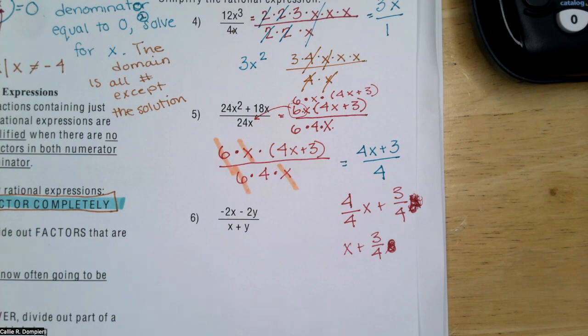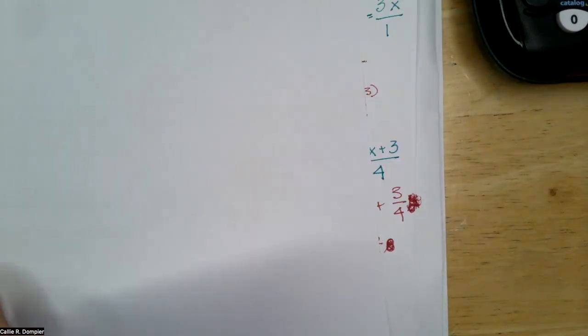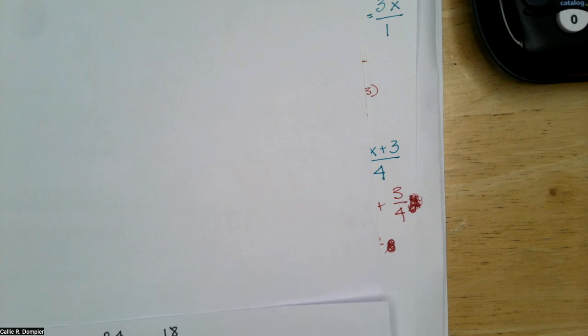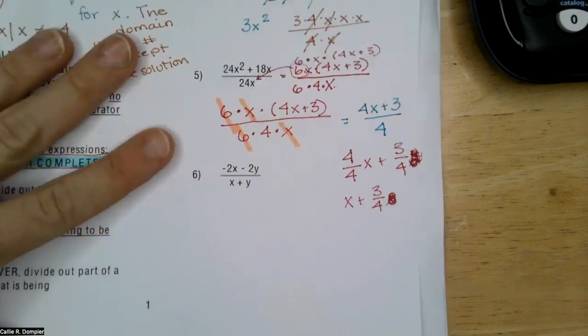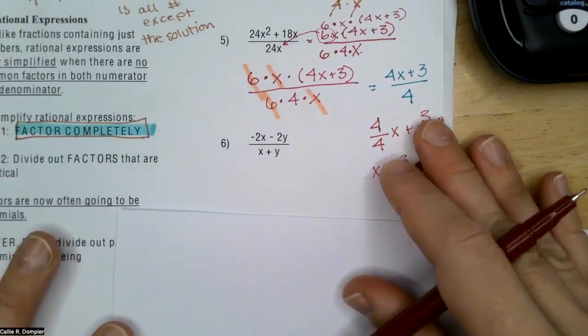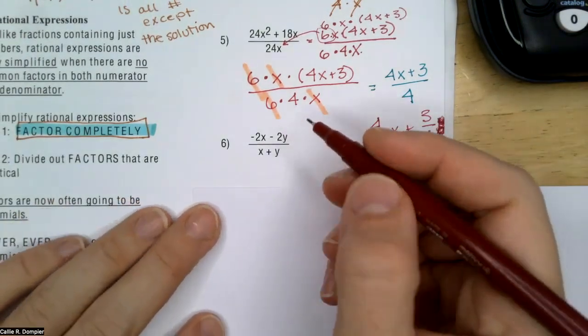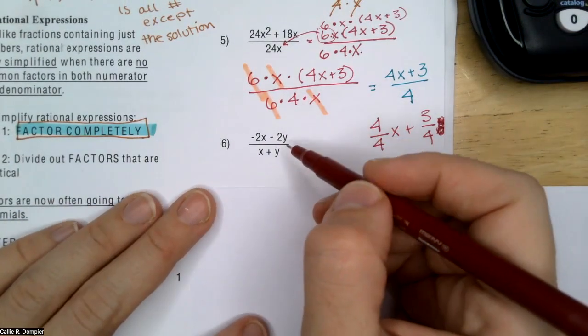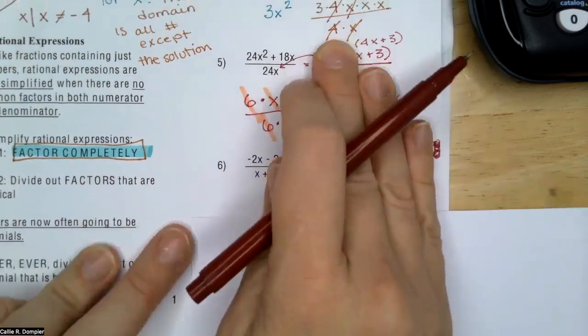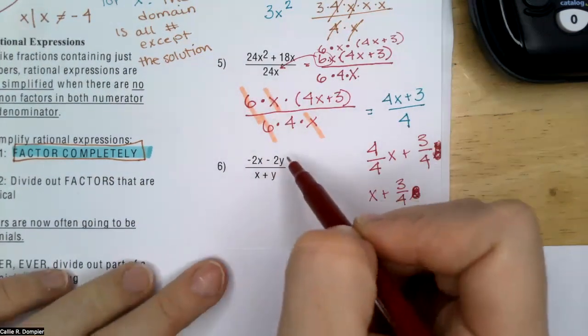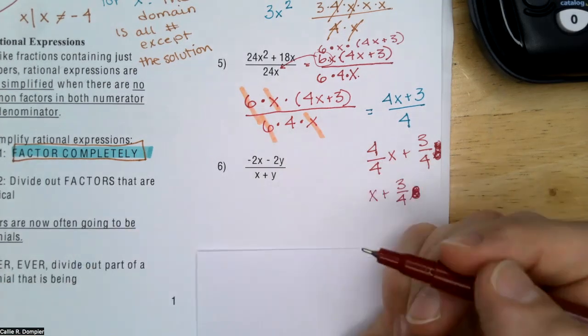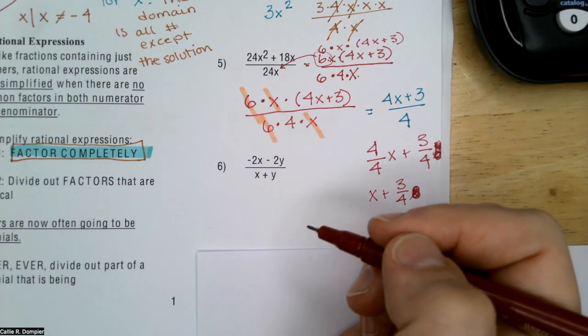Next we have negative 2x minus 2y over the positive x plus y. When you have a negative number, it's a binomial, right? Put the leading term first. So if you had an x squared, make sure your x squared is first. Here we don't have an x squared. X and y are both to the power of 1, so there is no leading term.